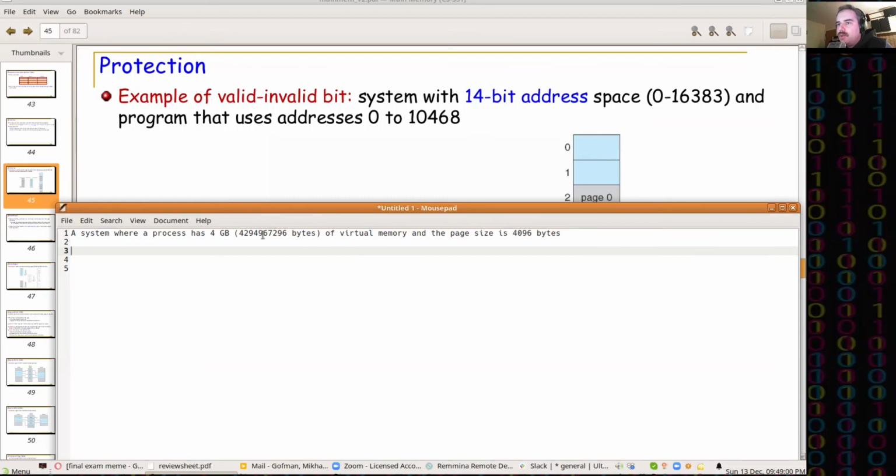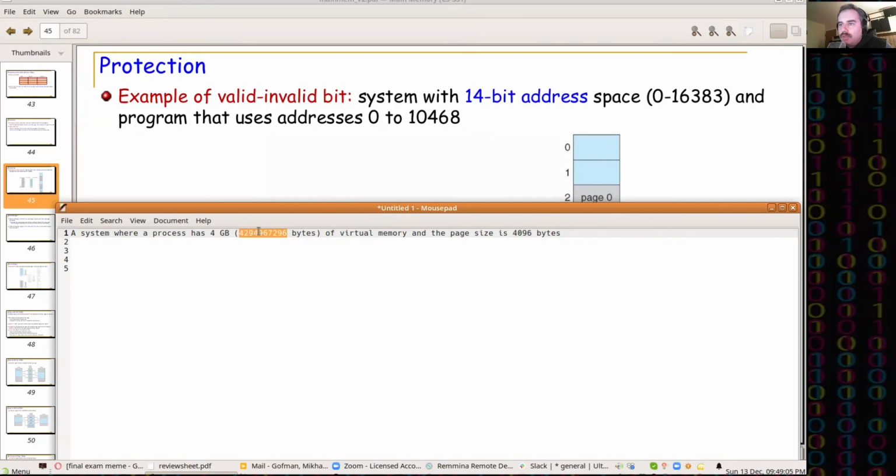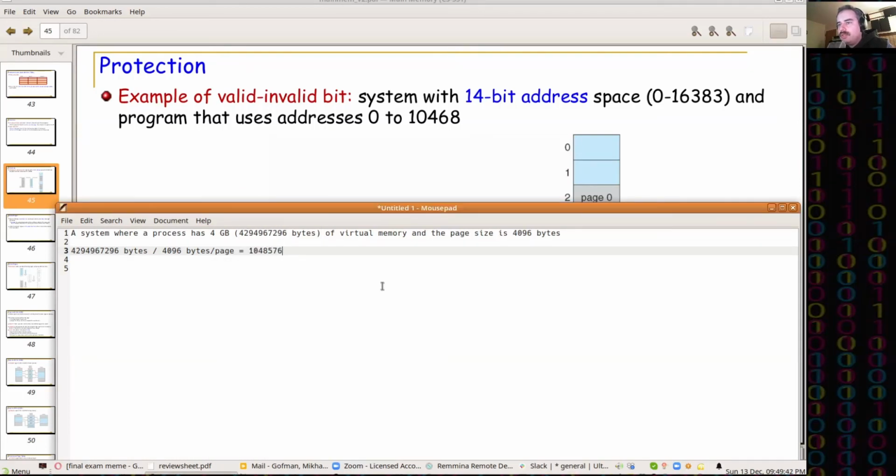So we take how much virtual memory there is and divide it by the size of a single page. We get this many pages. So this is how many entries there are going to be in my page table.